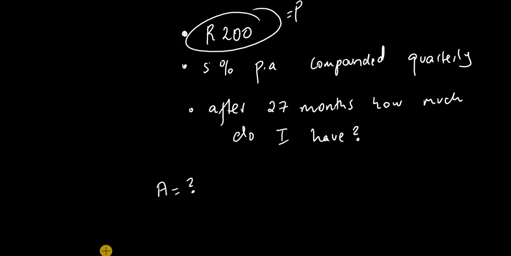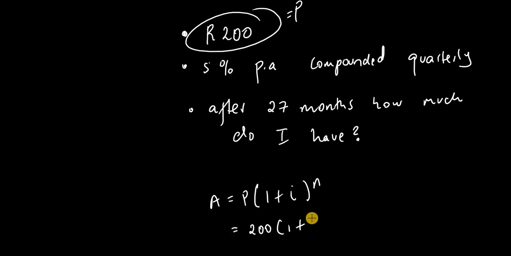So still try it for 2 minutes. Let's quickly do it. You would use the same formula, A equals P into 1 plus i to the power of n. The principal amount is 200, and the interest rate is 0.05, but they said compounded quarterly, so we divide by 4.